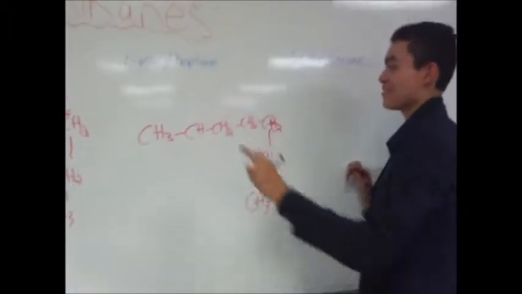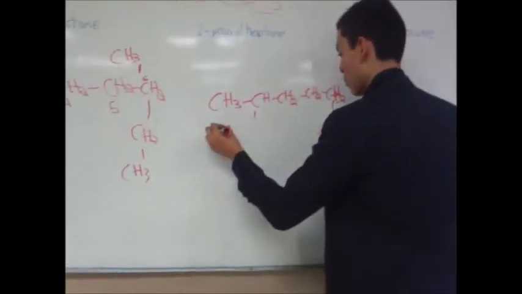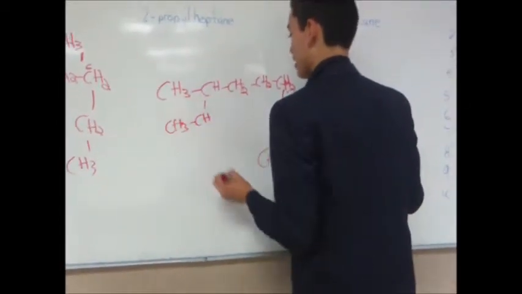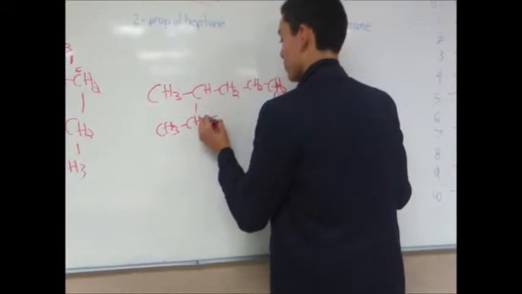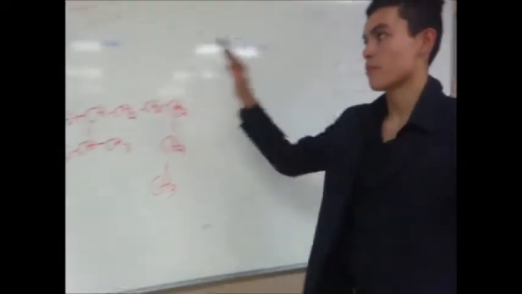And on carbon 2 I will put a propyl. A propyl is 3, prop means 3. So I will put CH3, CH2, and CH2, because it's 1, 2, and 3 carbons. This is compound number 2.